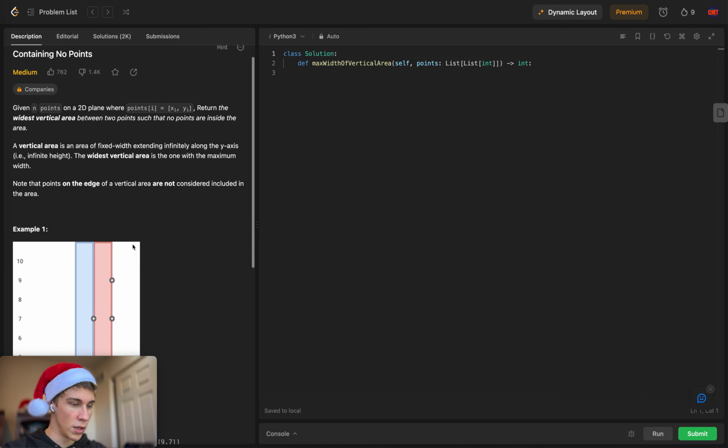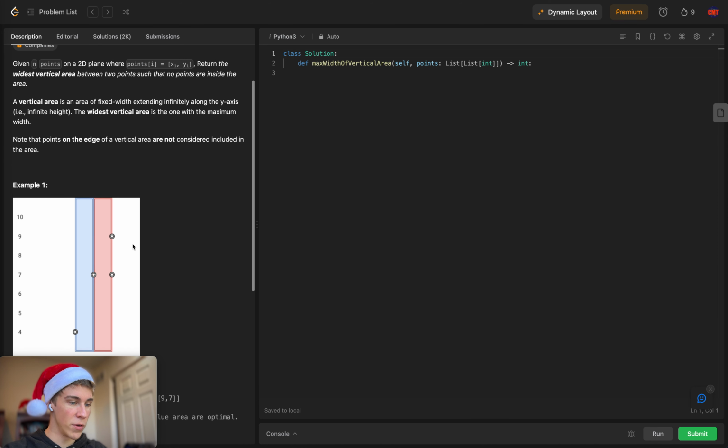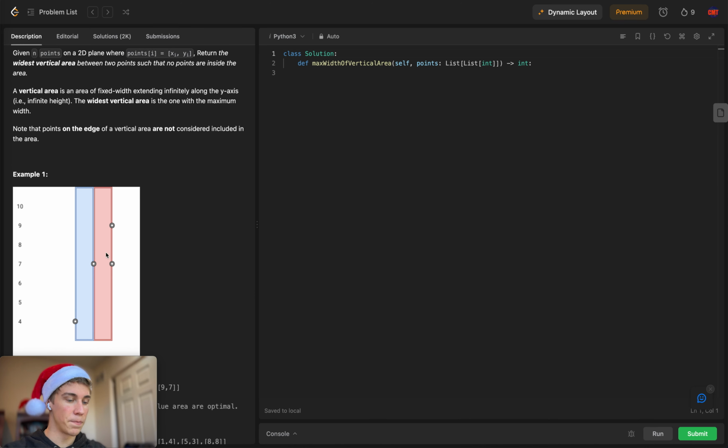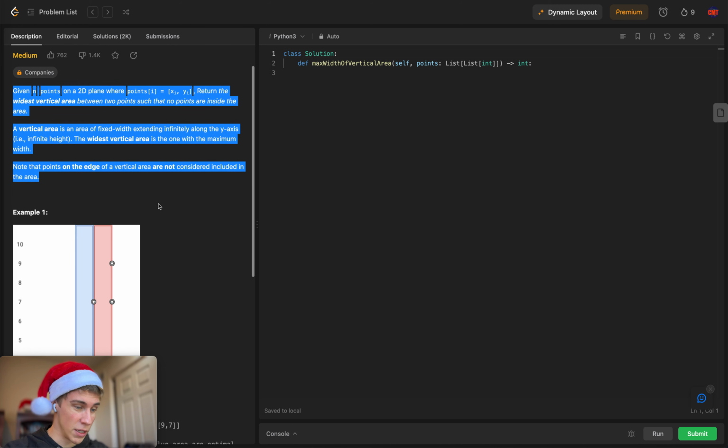So I believe that all we have to do is figure out what is the widest vertical area, translating to what is the maximal difference between 2 points along the x-axis. I believe that's pretty much it.